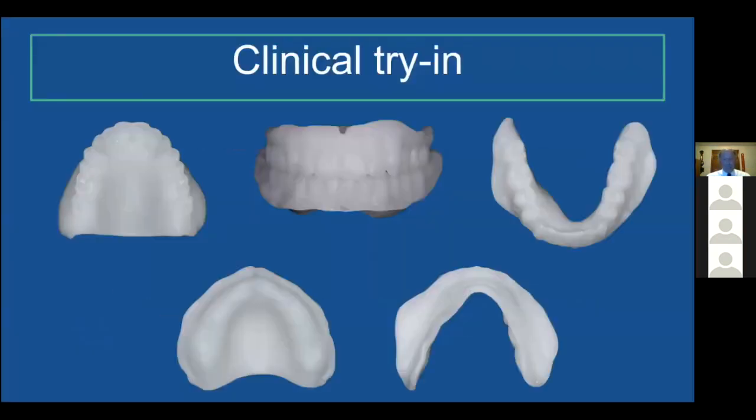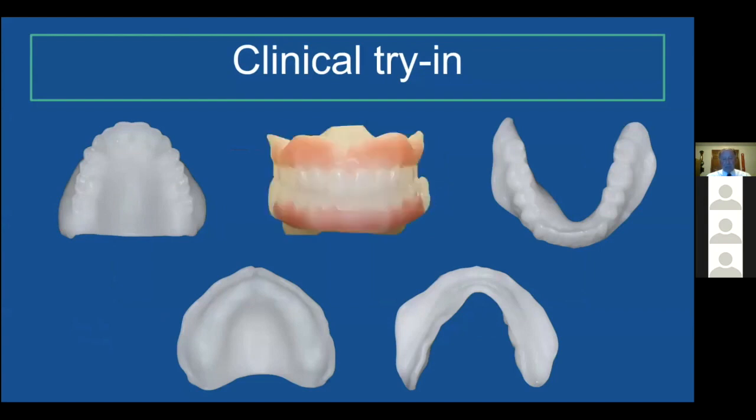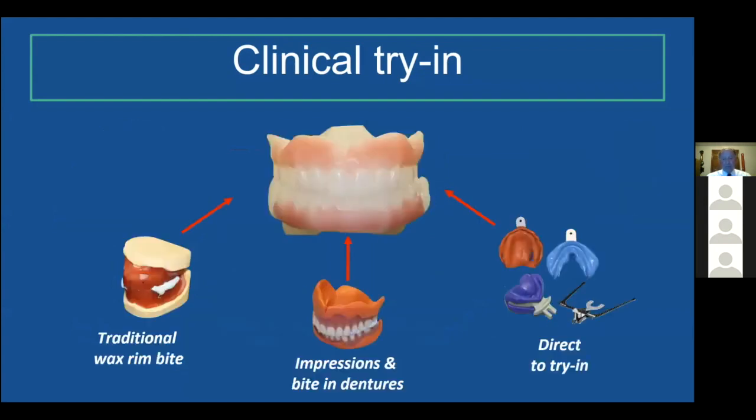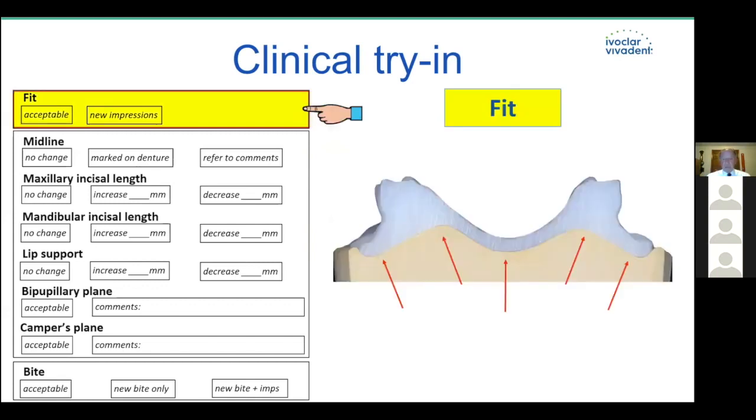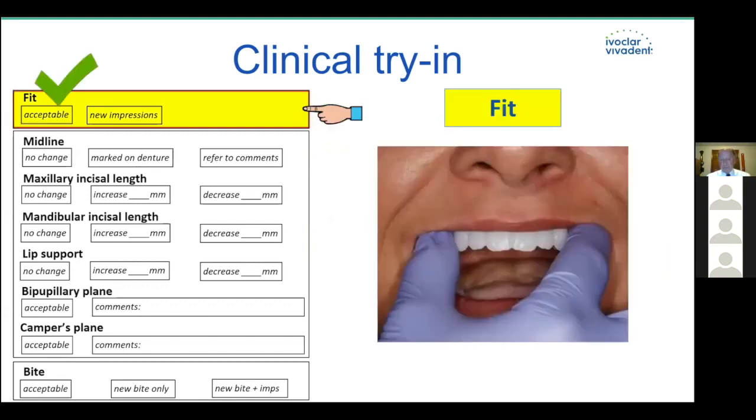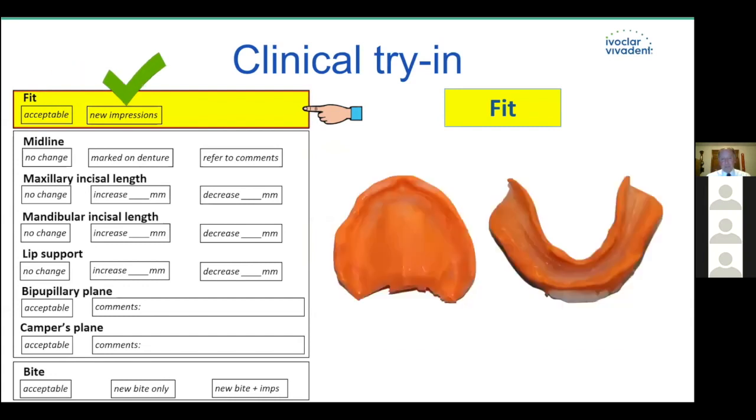Clinical try-in, again, where the greatest challenge is going to be to get away from the wax type try-in, realizing that each of these workflows will tend to end up in a try-in. Here we could look at our fit. If it fits, it fits, because the accuracy of this process gives you pinpoint evaluation of it.